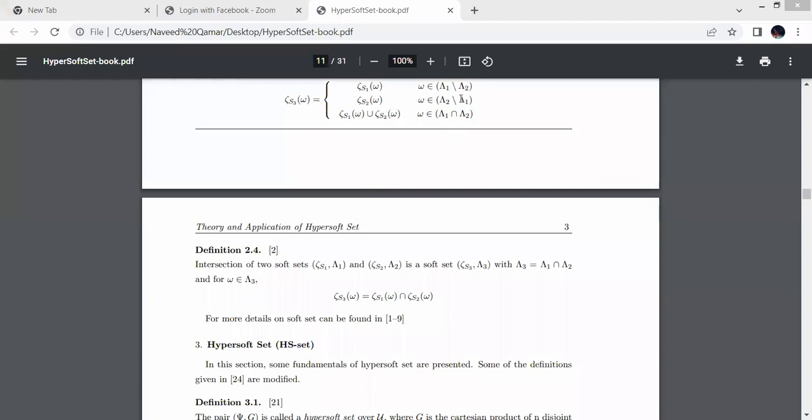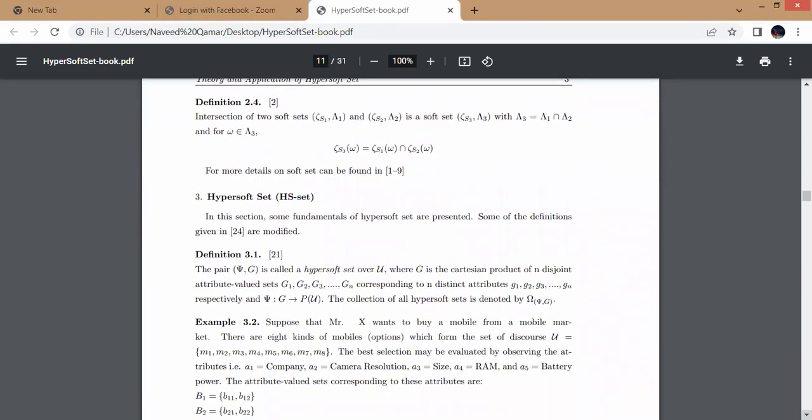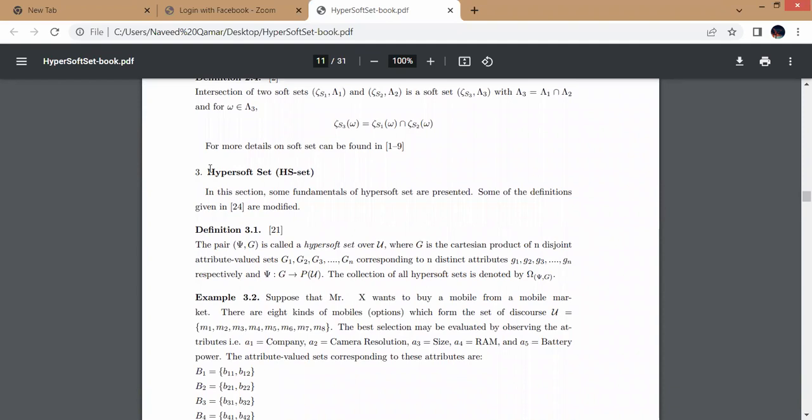Next we will discuss the intersection of subsets. You can also see the intersection of subsets. Then the definition is hypersoft subset.